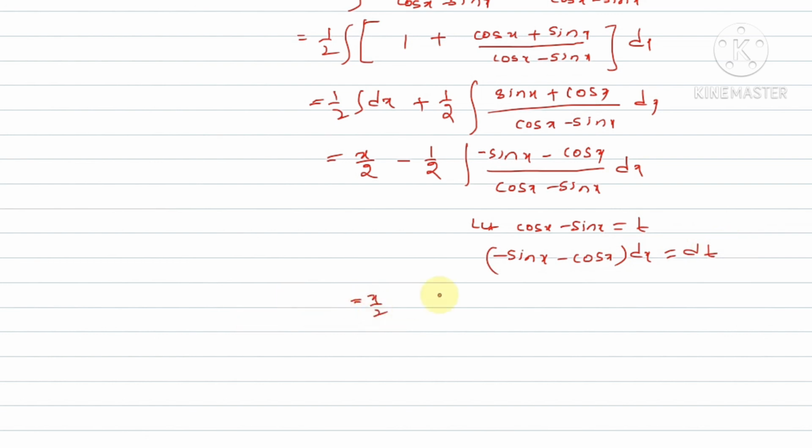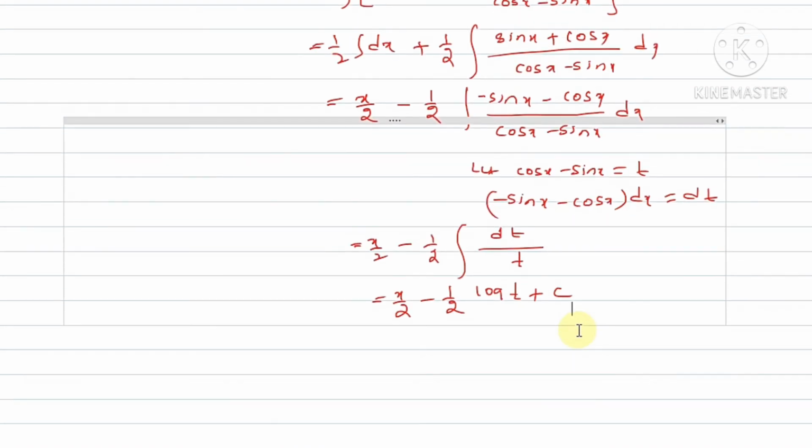Now do the substitutions. x by 2 minus 1 by 2 integral, so the numerator value becomes dt upon the denominator value t, which implies x by 2 minus 1 by 2, this is simply integral 1 by x dx, log x, so it is log t plus some constant. Whose solution is it?